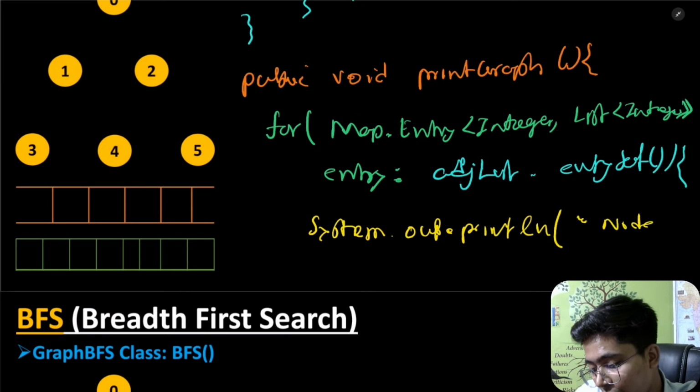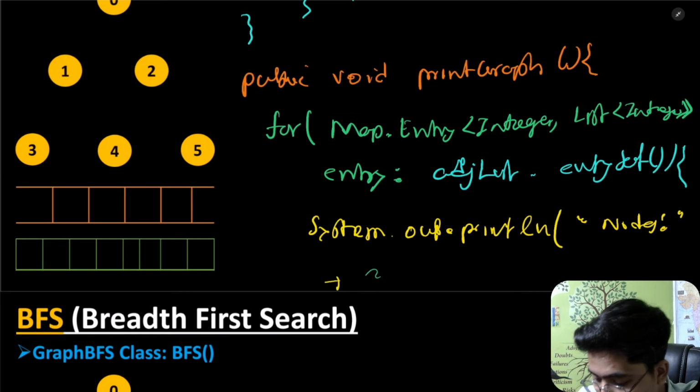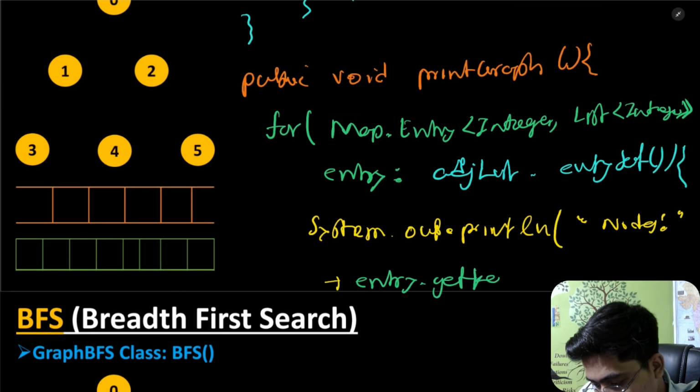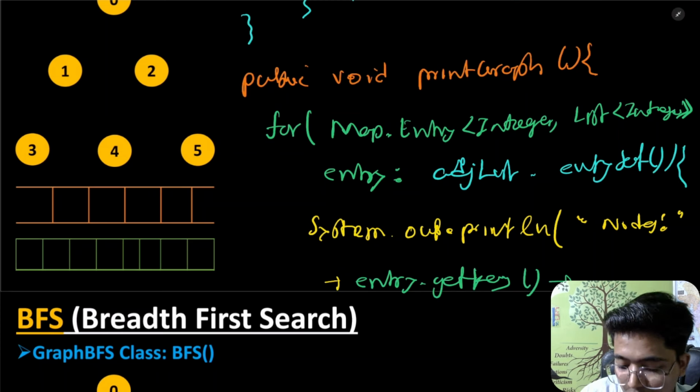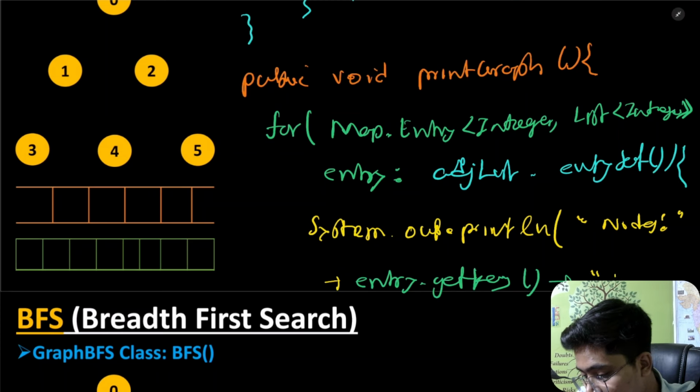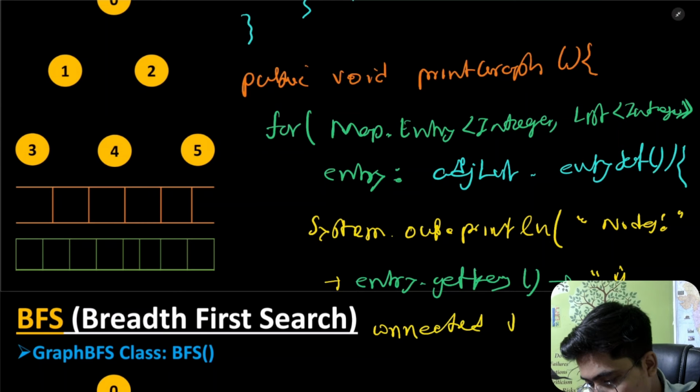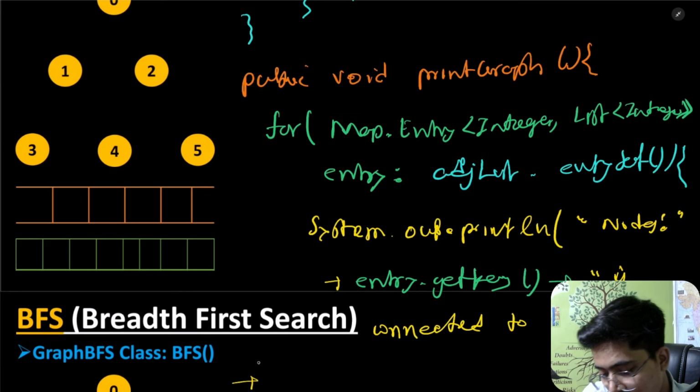First let's print the node, that is entry.getKey. So we get the key position, and this node is connected to its neighbors list, plus entry.getValue.